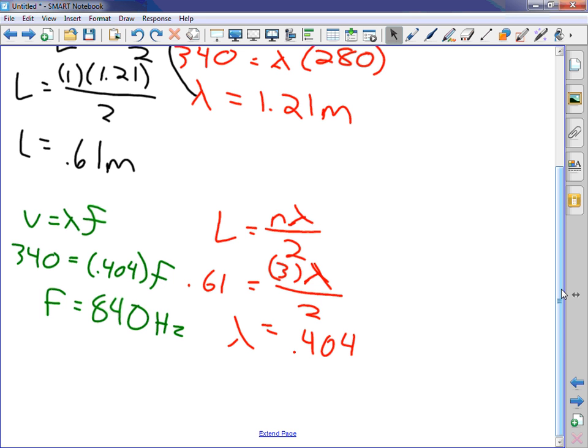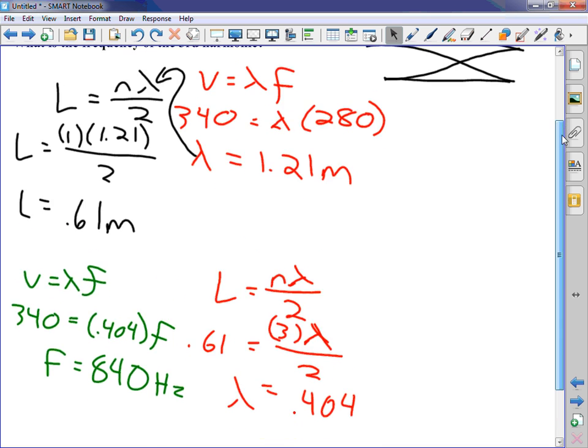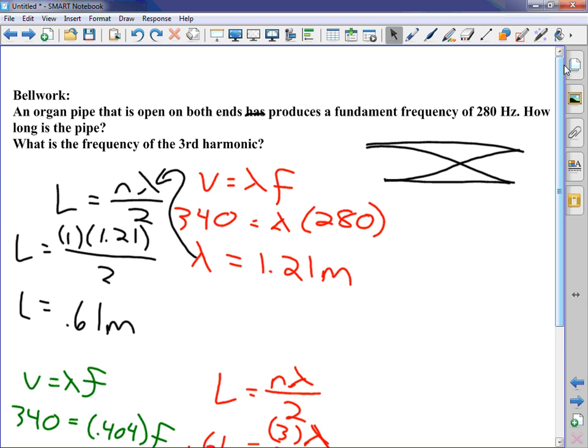You're not promised, by the way, that this will actually be broken out into two steps for you. This could be the information from the first problem, and then the second problem is the question. It could go something along the lines of: an organ pipe is open on both ends and has a fundamental frequency of 280 hertz.